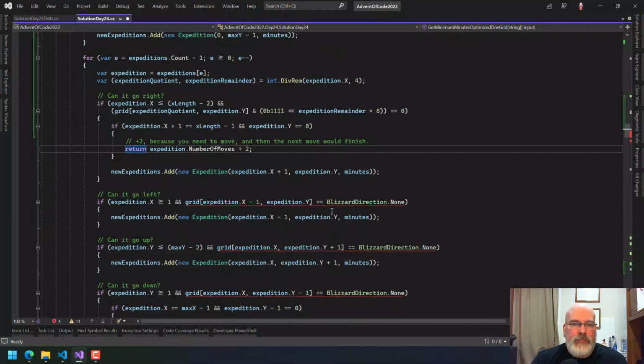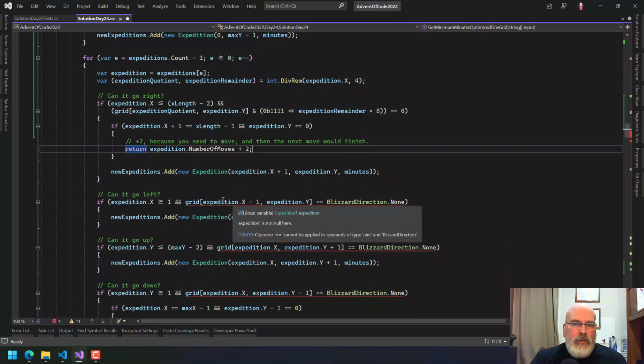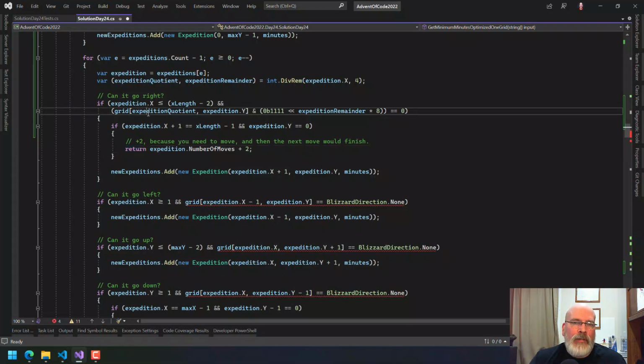Can it go left? Is x greater than or equal to 1? And yeah, this is not true. Because, again, it's a thing we just dealt with previously, which is what happens if you're at 4, 3.